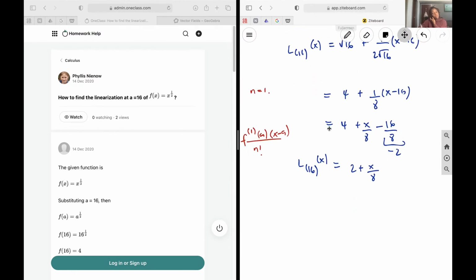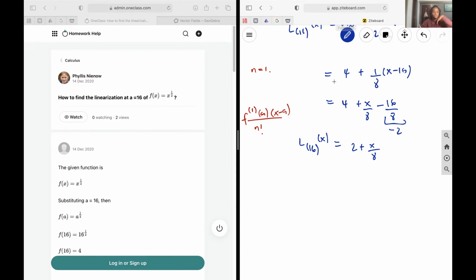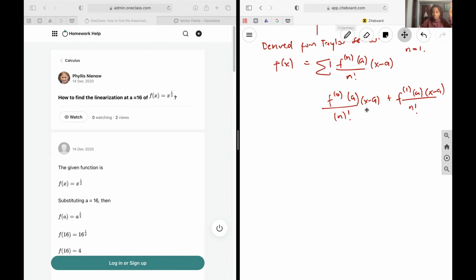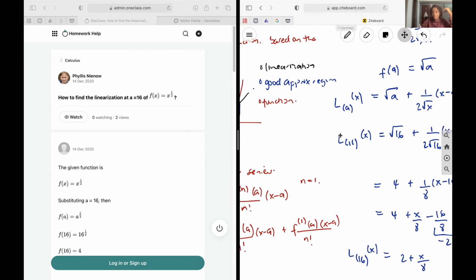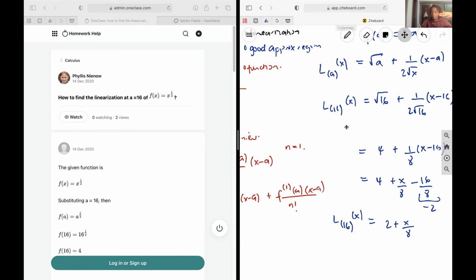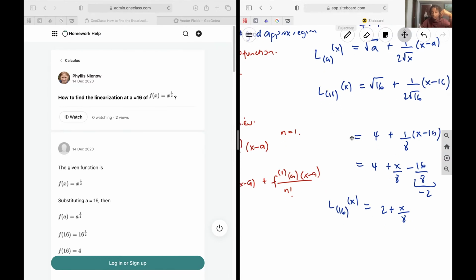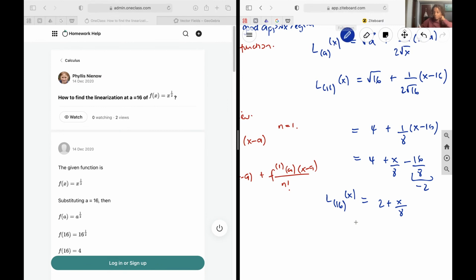And so if we want to find, for example, the value of our function at 16.1, because 16.1 is going to be within this good approximation region, so you're going to choose points that are close to 16, be it before or after, as long as they're not too far from 16. Then at 16.1, in our example, sorry about that.